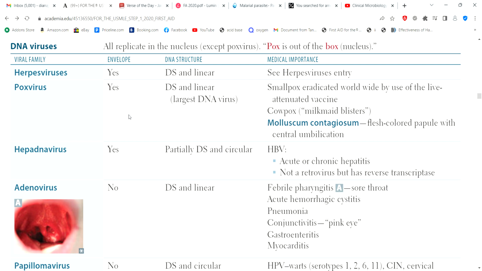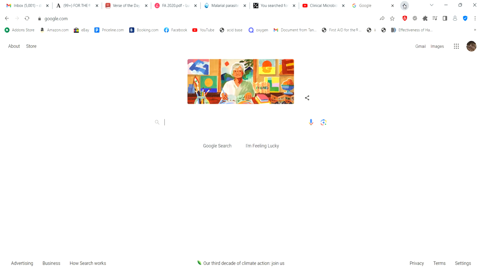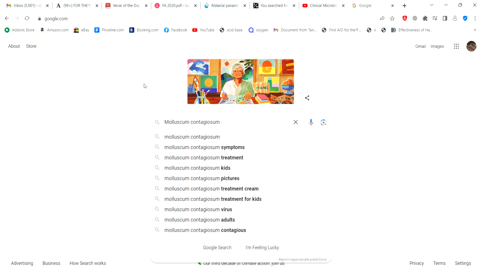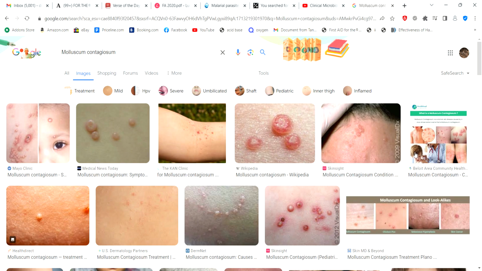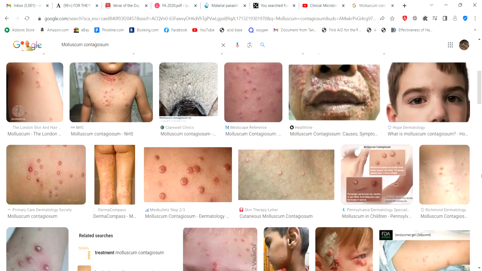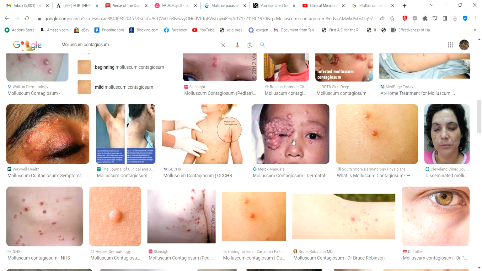Molluscum contagiosum is flesh-colored papules with central umbilication. Molluscum contagiosum is caused by a poxvirus.